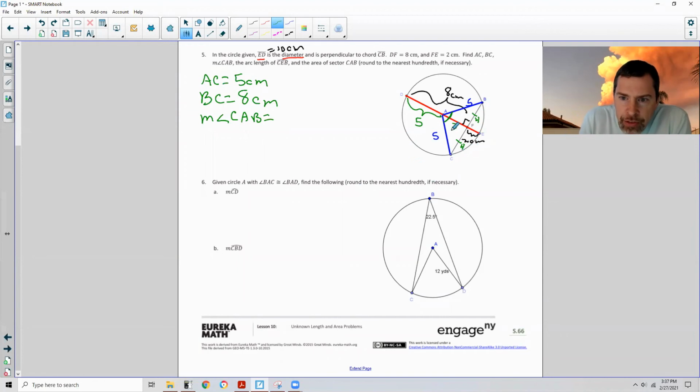But the measure of angle CAF is congruent to the measure of angle BAF because these two triangles are congruent and they're right triangles. So let's just focus on 1/2 of it, which would be right here. So as you can see, I have a right triangle. Let me just draw it out. Okay, we have a right triangle and I want to flip it.